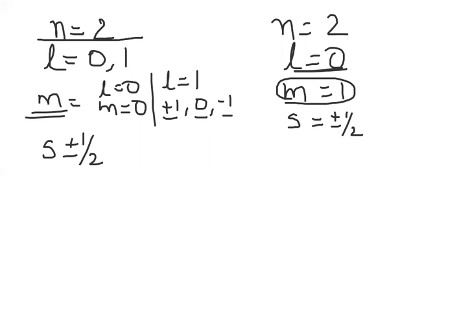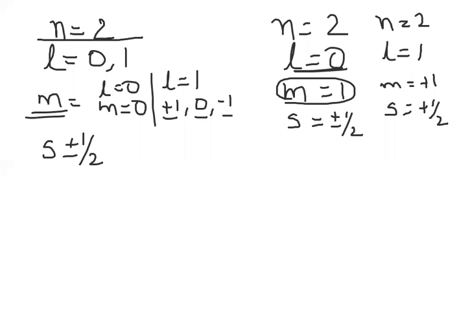But if I write n is equal to 2, l is equal to 1, then for m I have to specify any one value, and s is equal to +½ or -½, that will depend. To explain what will be written, +½ or -½, we will have to know the electronic configuration. So only when we do the electronic configuration, the quantum numbers will become more and more clear.